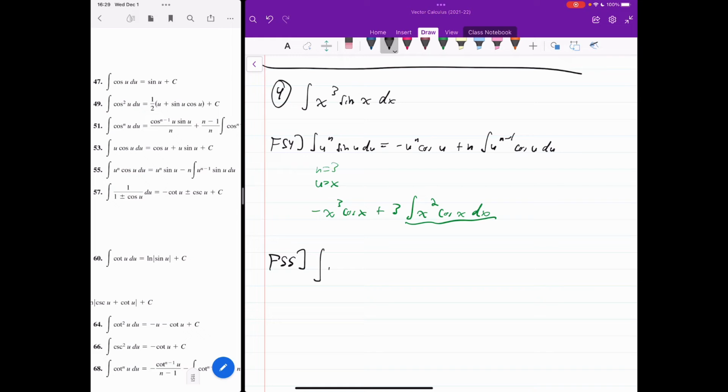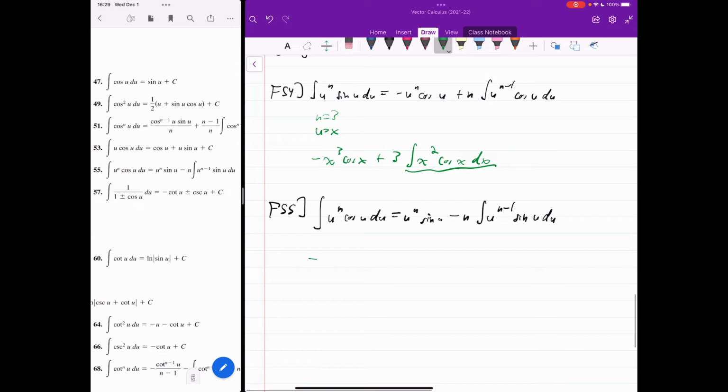says that the integral of u to the n of the cosine of u du becomes u to the n sine of u minus n integral u to the n minus 1 sine of u du. So we're going to keep applying this, negative x cubed cosine of x plus 3, and then this whole thing becomes x to the 2 sine of x minus 2 integral x sine of x dx, which now means that we have this thing.